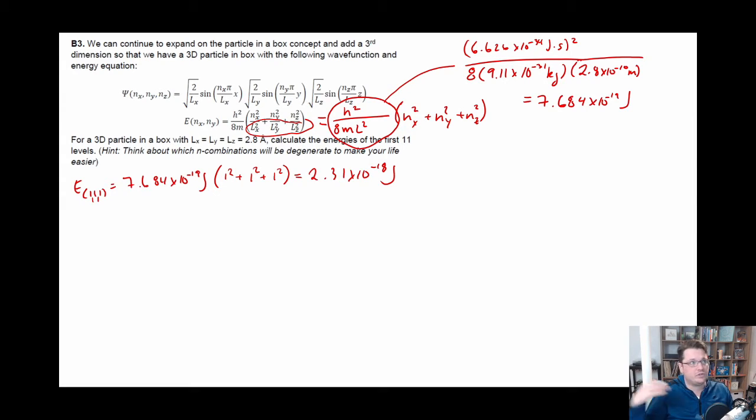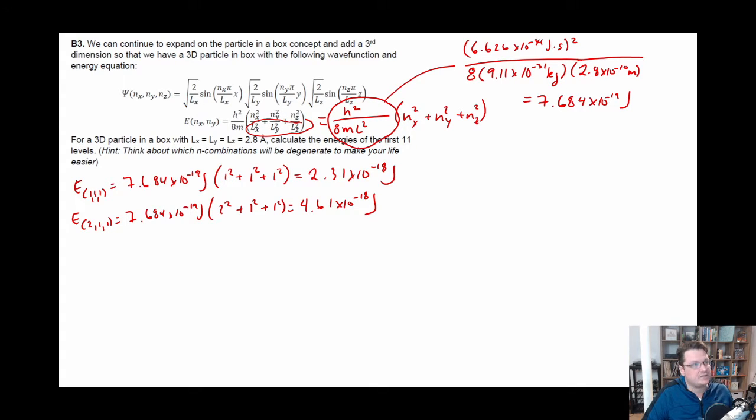And then you just do the same thing that we had done with the 2D particle in a box, where you have your one combination, 2, 1, 1 in this case. So you just use that same value, 7.684 times 10 to the negative 19 joules, so that becomes 2 squared plus 1 squared plus 1 squared. That comes out to being equal to 4.61 times 10 to the negative 18 joules, and that's what I have on the key.